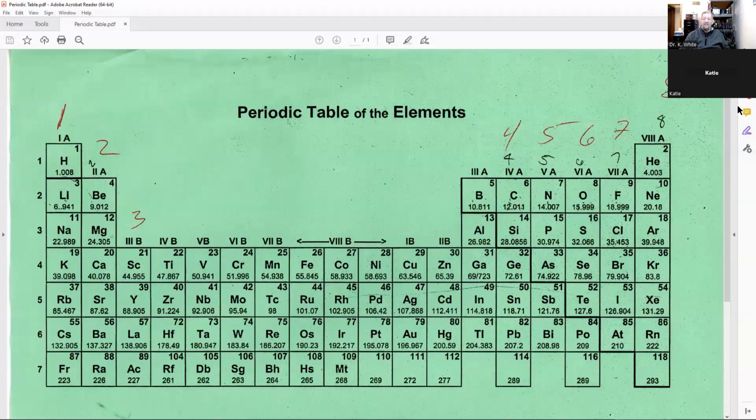You have to know how to find it on your friendly neighborhood periodic table. Bromine, Br. We look at the top here, see VII, which is also known as 7, and therefore bromine has 7 valence electrons.